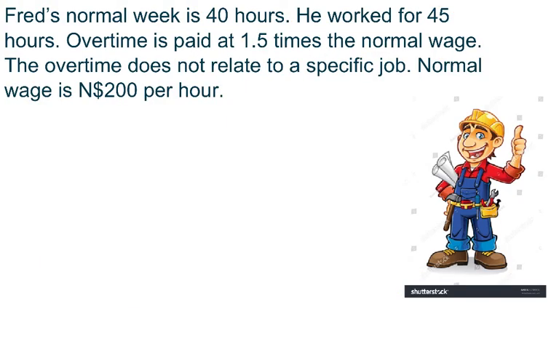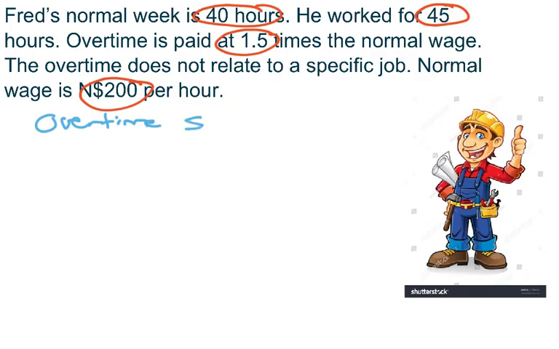Again, very similar with the same information, except this time the overtime does not relate to a specific job. So we will do exactly the same. I will highlight the important information. There's my important information. I can quickly calculate my overtime hours. Overtime is then 5 hours. All right.